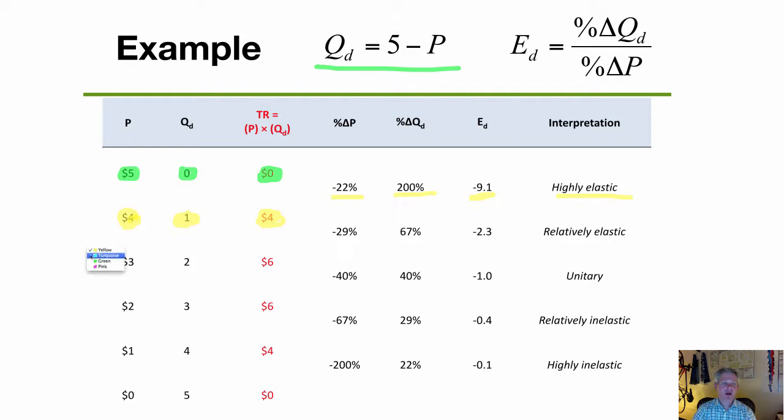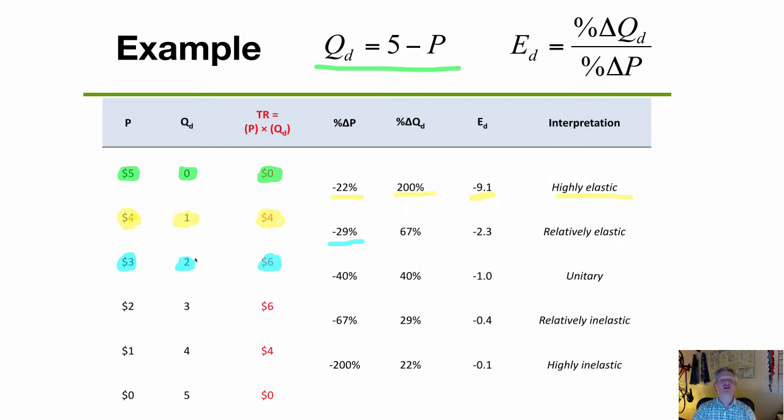What about the next one? Here we lower the price again to $3. 5 minus 3 is 2, so we get a quantity demanded of 2. What's the total revenue? It's the price times the quantity demanded, which is 6. Now let's change the price from $4 to $3. That's a 29% decrease in price.